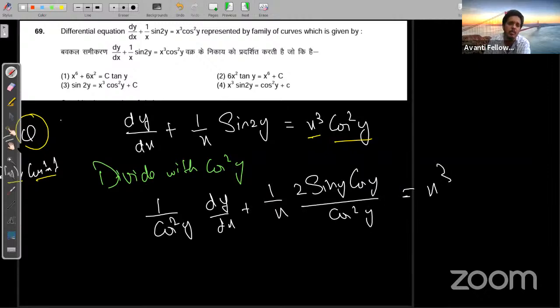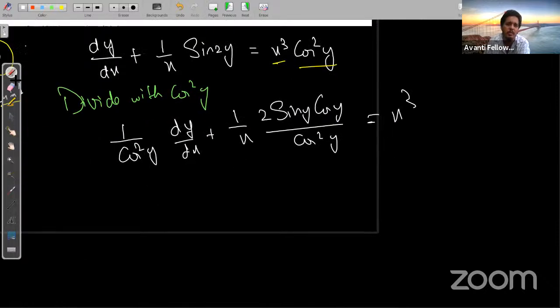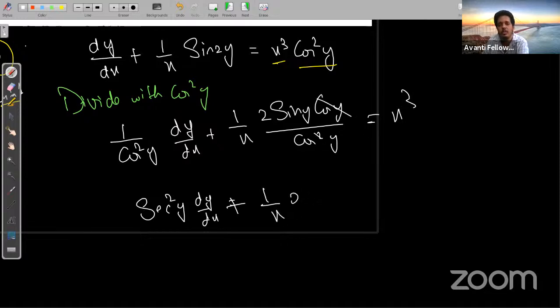Now try to observe what is happening, guys. Please be very careful here. 1 by cos square y I can write as secant square y, dy by dx, plus 1 by x into, cos y got cancelled, so it is 2 tan y, is equal to x cube.